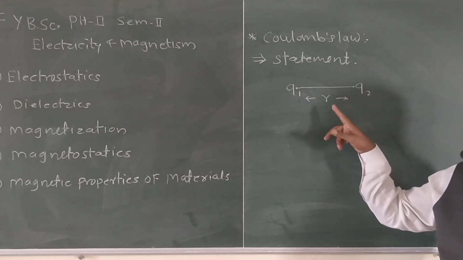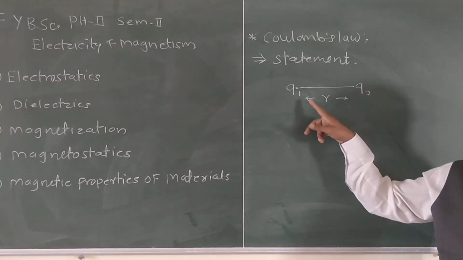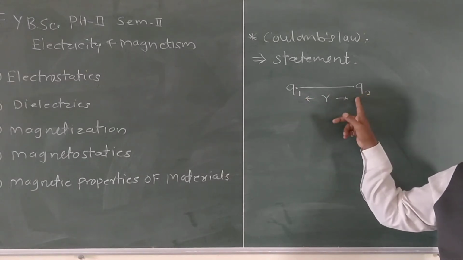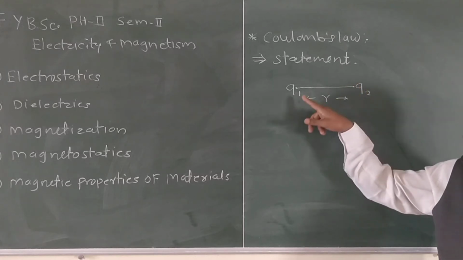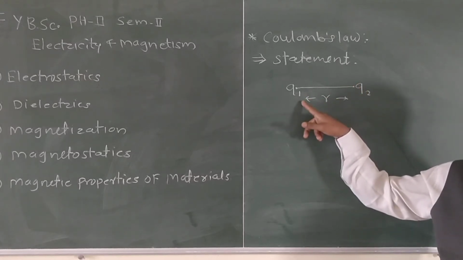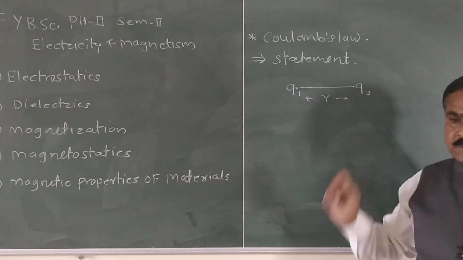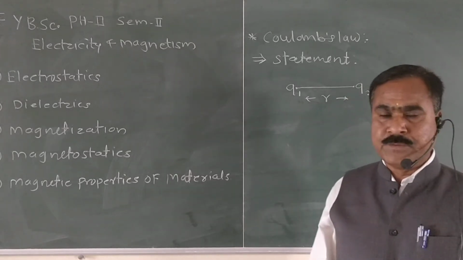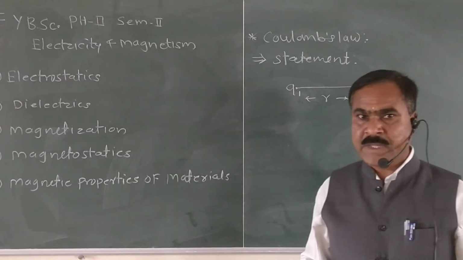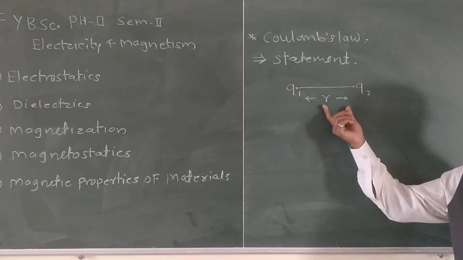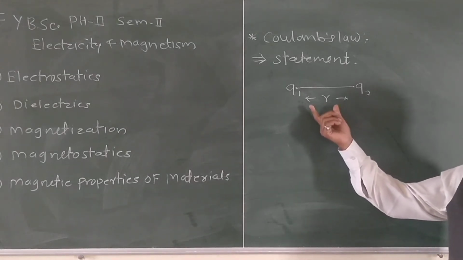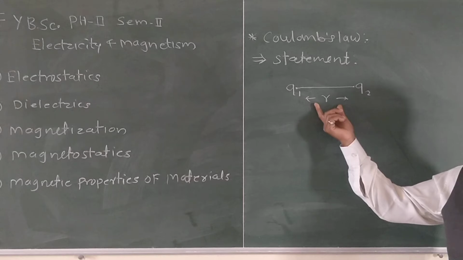This Q2 may be positive or negative. So we can say that the force exerted by one charge on the other charge, or by the other charge on the first charge, may be of attractive or repulsive nature. Right? Now here these charges are separated by distance r.